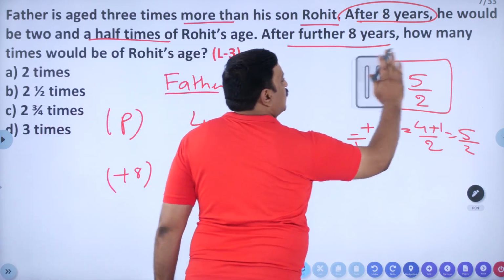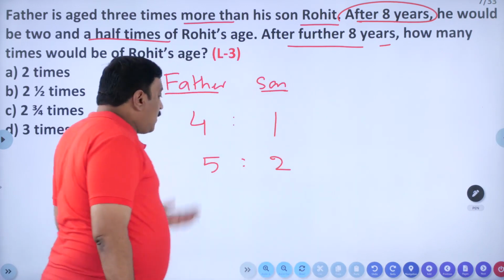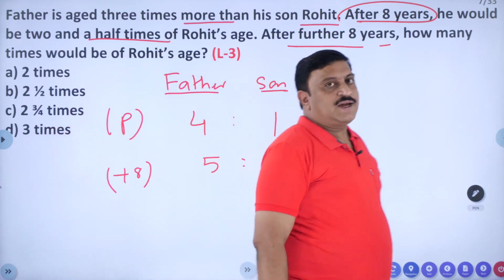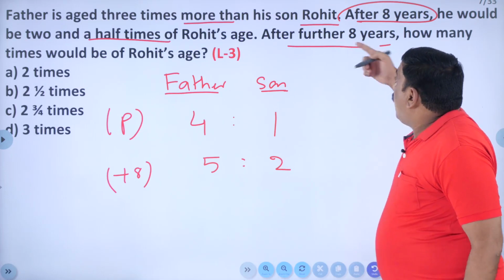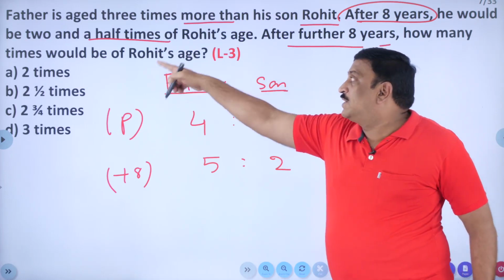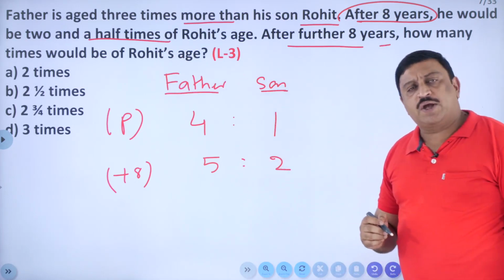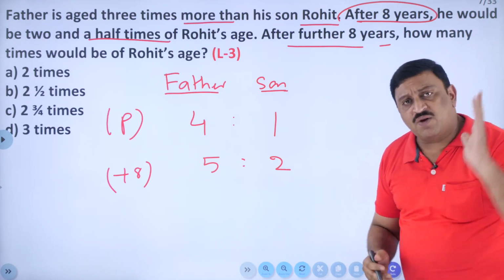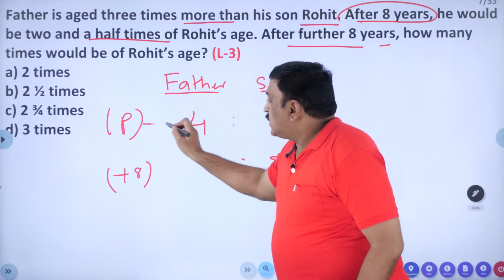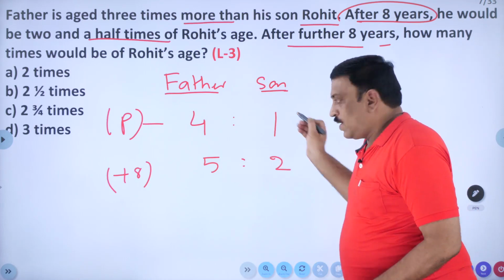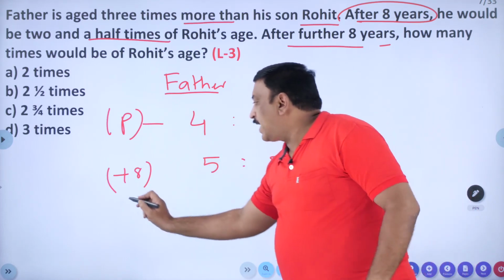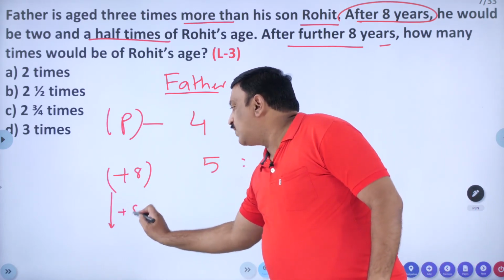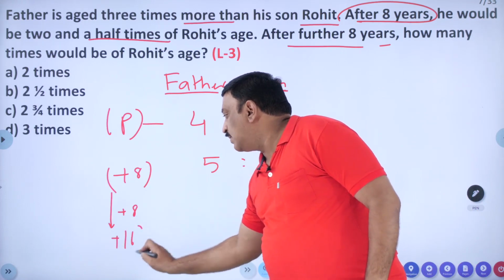Now, about the sum. Coming to our discussion now. It is after 8 years. And after a further 8 years, how many times would he be Rohit's age? Okay, times he is asking. First of all, find out the ratio. Here, from present to after 8 years, this is the ratio. Again, I need another extra 8 years after, means it should be 16 years from present.